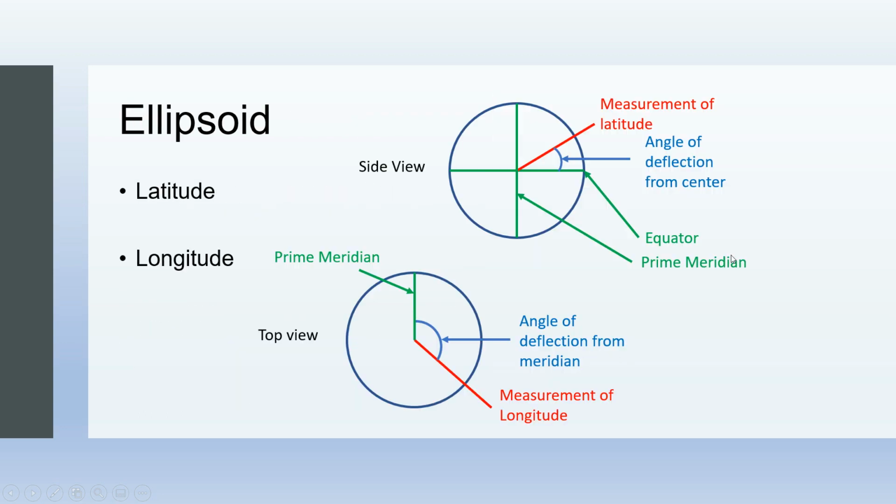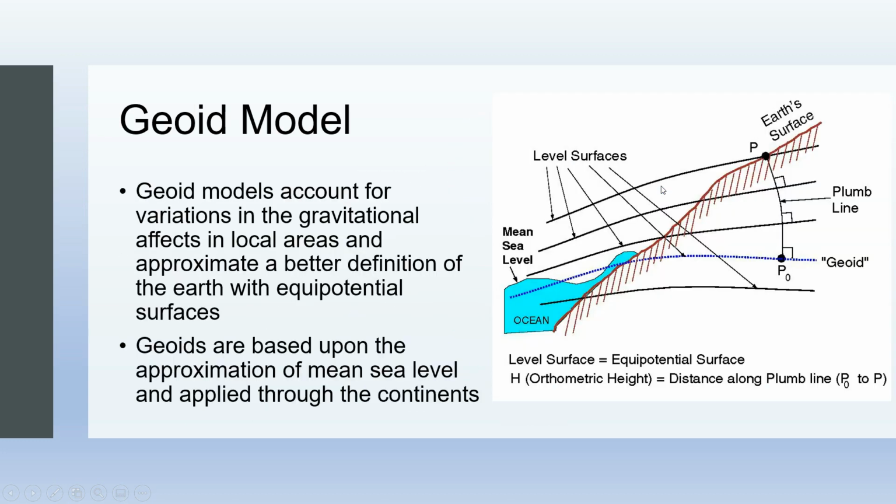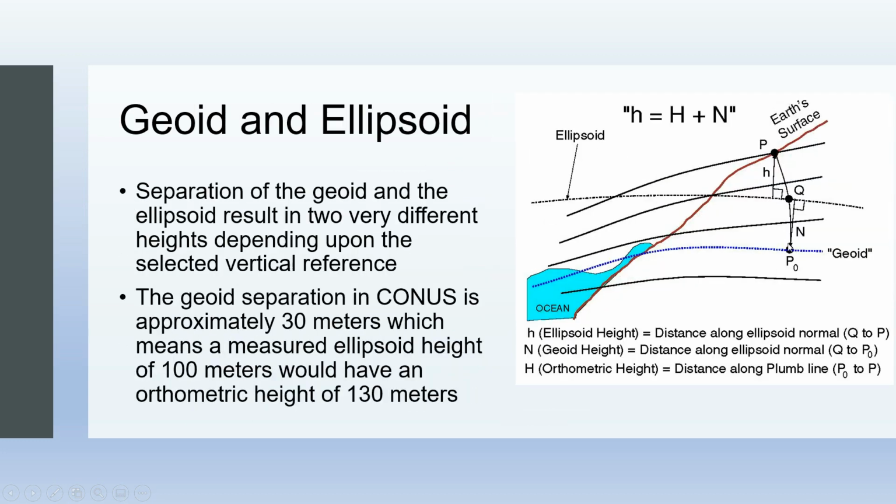So going back to the tie-in, the latitude and longitude of the ellipsoid at that point has a mathematical separation between the ellipsoid and the geoid. That distance is specified based off of the geoid model. Recently, the National Geodetic Survey has transitioned to Geoid 18 from the Geoid 12B model, at least for the OPUS observations anybody's getting lately.